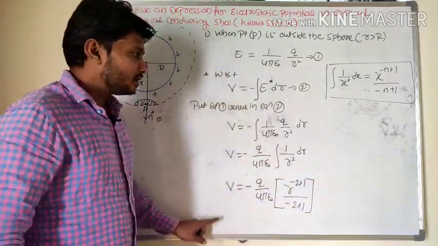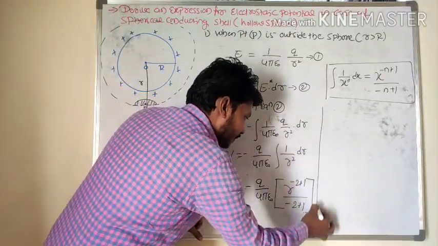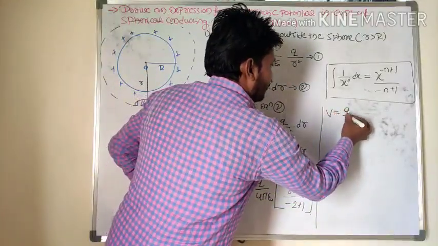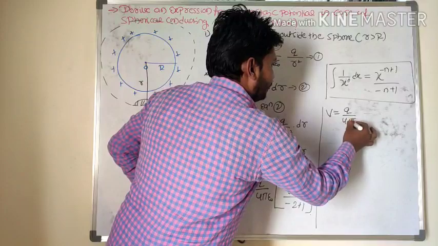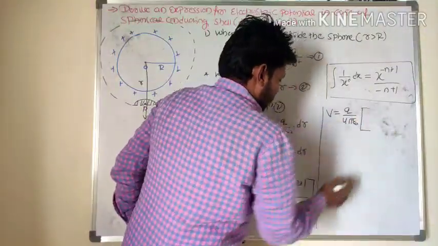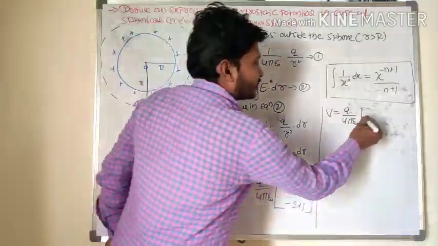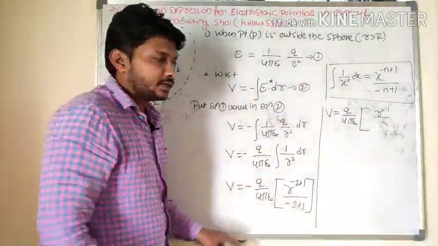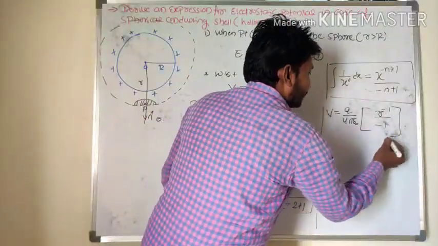Did you get my point? Now I will rearrange this equation. V is equal to q divided by 4 pi epsilon naught, r to the power of minus 2 plus 1, that is nothing but r to the power of minus 1.